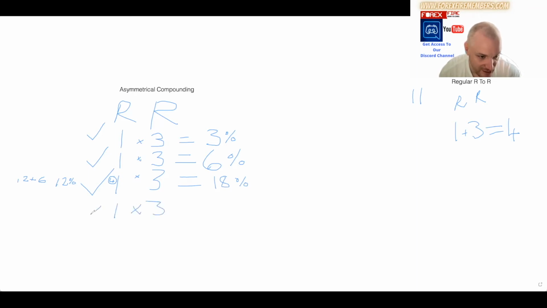Let's say this loses, you're down to 17. Let's say 1 to 3, that loses, you're down to 16. Let's say it loses, 15. Let's see it again.